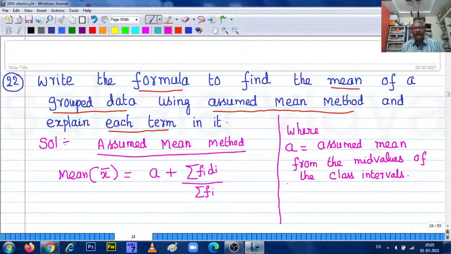So fi is the frequency of the class, for each i.